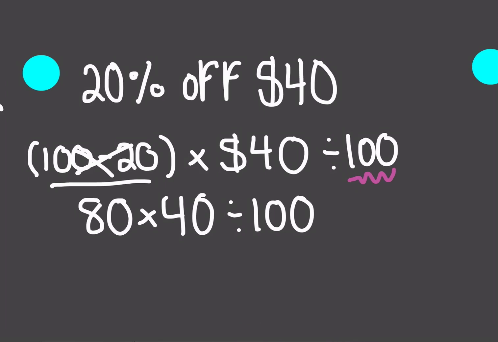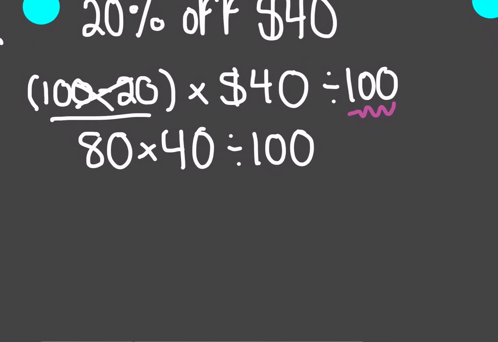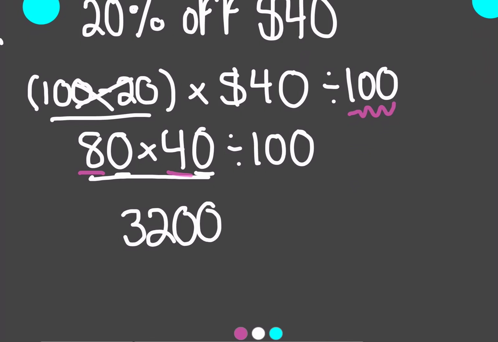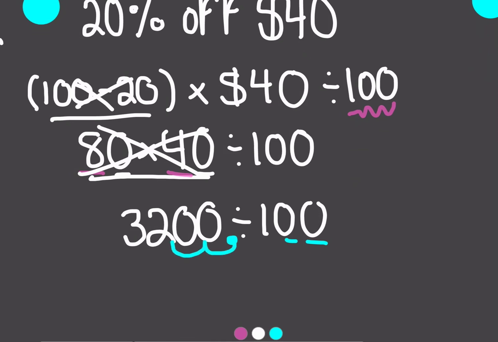So I say, okay, what is 80 times 40? Well, 8 times 4 is 32, and one zero plus one zero is two zeros at the end, divided by 100. All you're doing is putting a decimal at the end and jumping it over two place values, 1, 2.